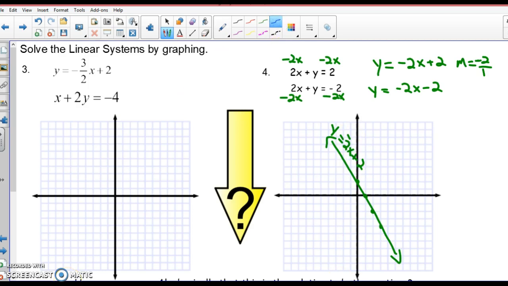If you are somebody that likes to use colored pencils, tonight's going to be the night. My second line, my y-intercept is negative 2. And my slope is down 2 over 1, down 2 over 1. There's my second line. I'm going to label it y equals negative 2x minus 2. And I'm going to write no solution.